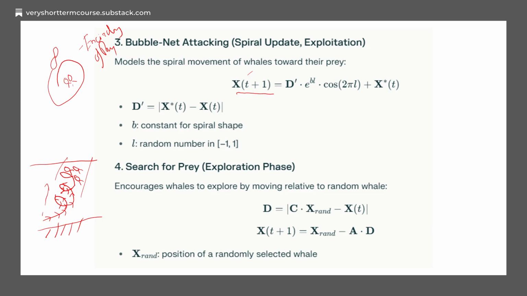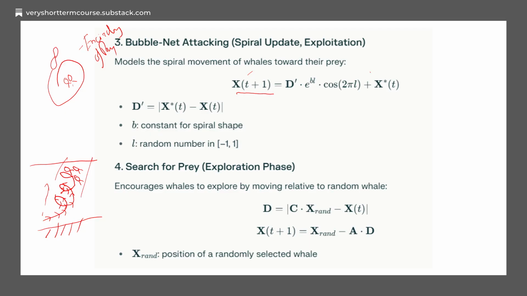So this new value of x is given by d prime multiplied by e to the power b l, dot cos 2 pi l, plus x star t.